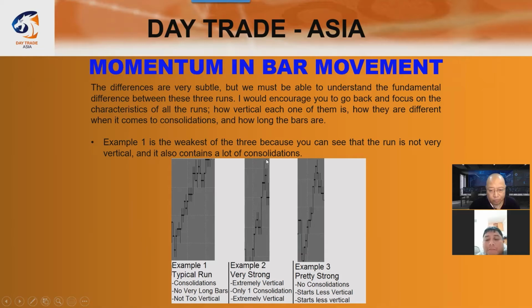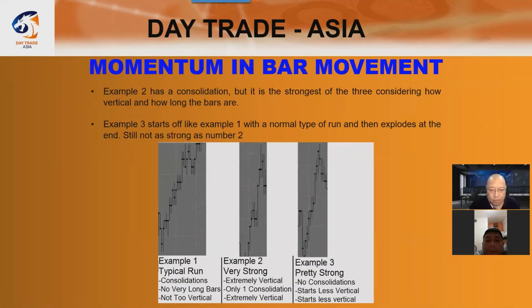The second one would be the second strongest, and example number 1 would be the weakest of the 3. Is that clear? Nakita mo yung difference? Yes. Okay. Ayan, like it said there, number 3 is the strongest. It started off like number 1, but then it started getting stronger.